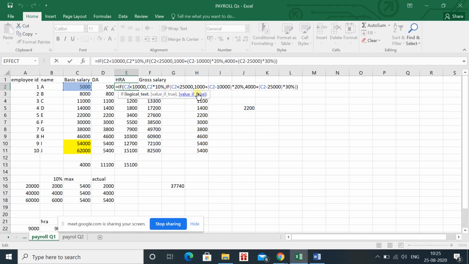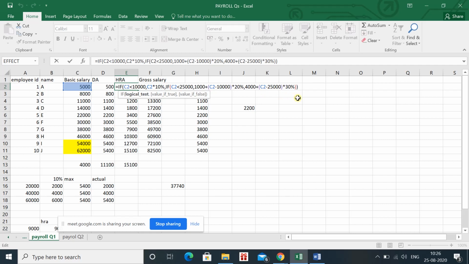And the first condition being false, you have applied this. Now the second if that we applied also has true and false. If the salary is under 25,000, give this; otherwise, if it is more than 25,000, then calculate 4,000 plus 30% of the basic salary which is in excess of 25,000.